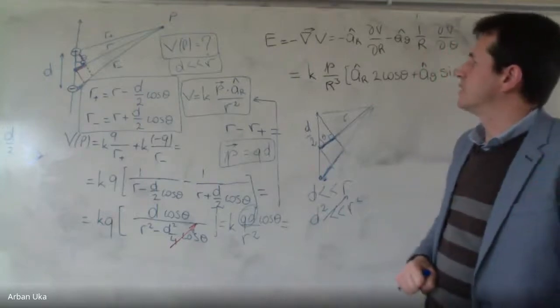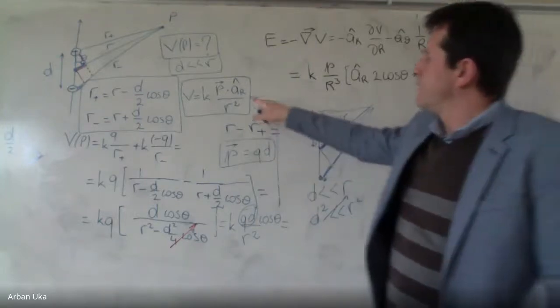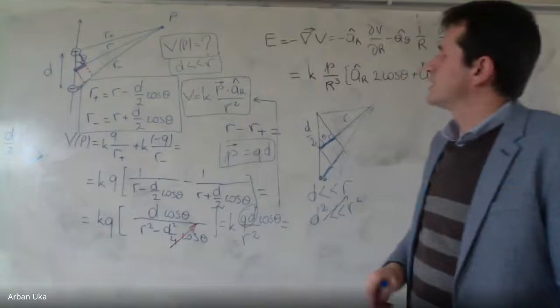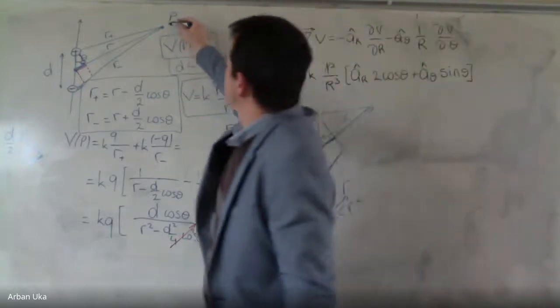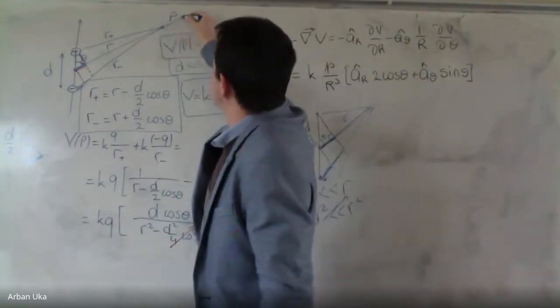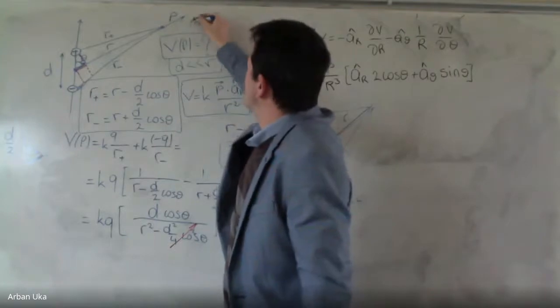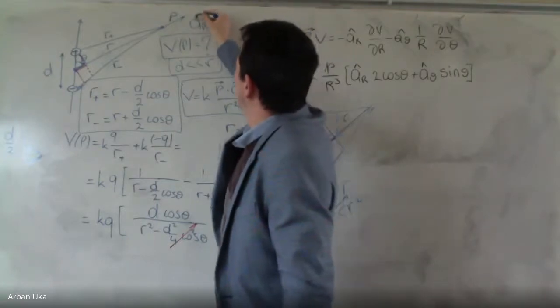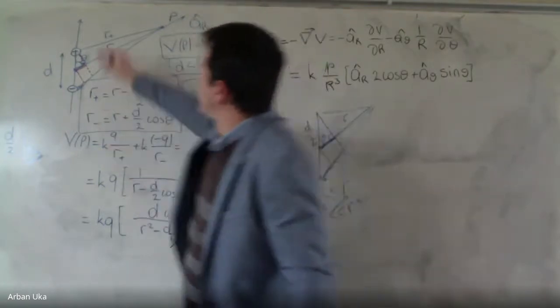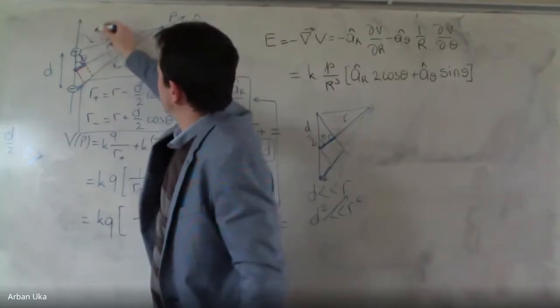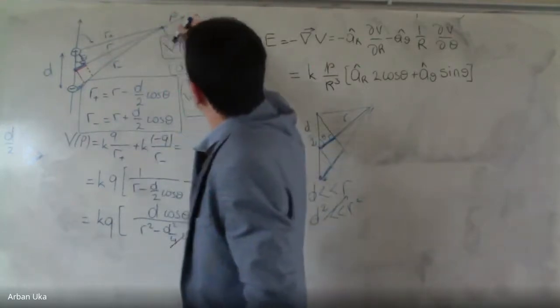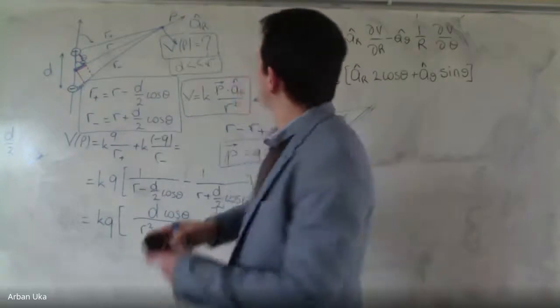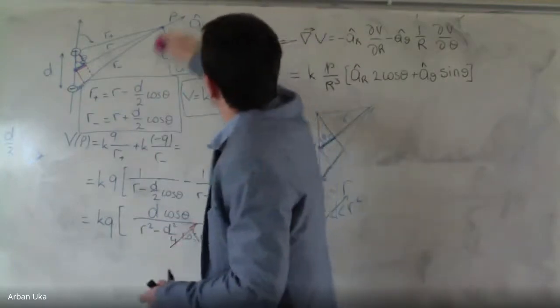So in this case, we remind ourselves that the coordinate system pointing away from the source is going to be a_r, and then this is a_theta. Probably I can erase this part here.